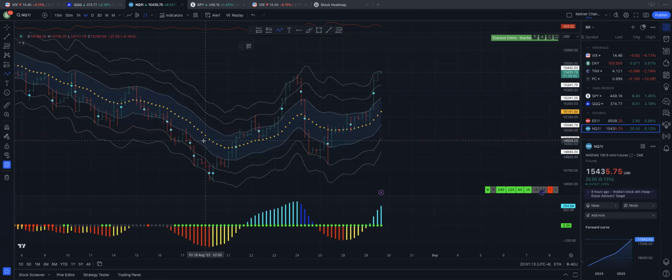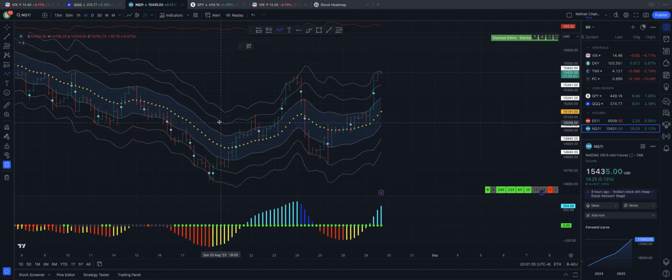These inside bands show the average range a stock typically trades in. This 21 EMA is the one I use, and I consider it the mean, the average that we always typically come back to. So that's what I typically watch for.